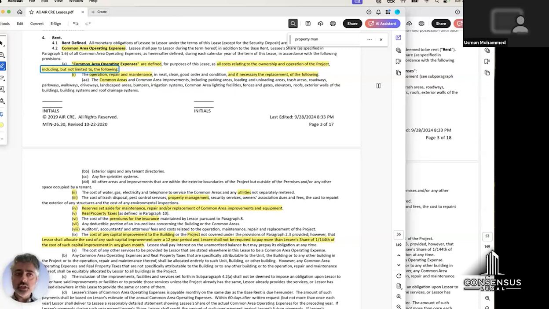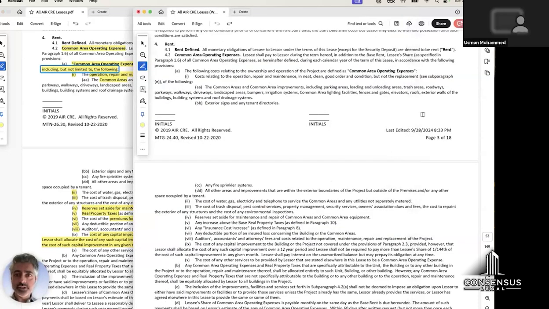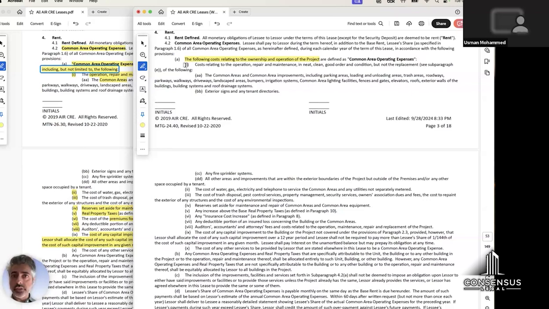The gross lease uses different language. It says the lessor can charge to lessee the following costs relating to the ownership and operation of the project. So there's a list of 10 items that's very similar in the gross lease. It's similar to the net lease, but it says these are the only costs that lessor can pass through to lessee.